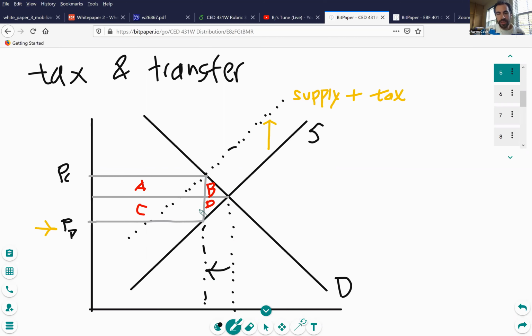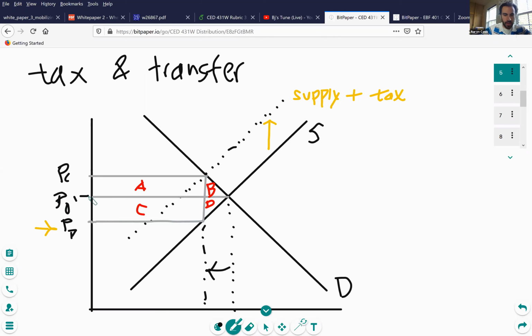So the consumers, if the price in the initial world was, I'm just going to call this P0. This was the price in the initial world. The consumers, in the process of experiencing these higher prices, are losing consumer surplus.